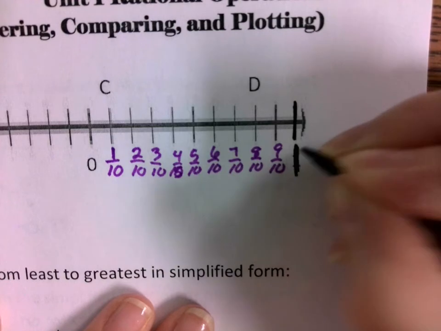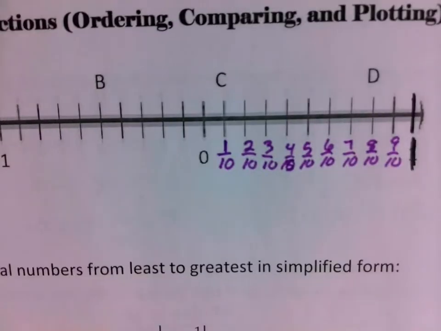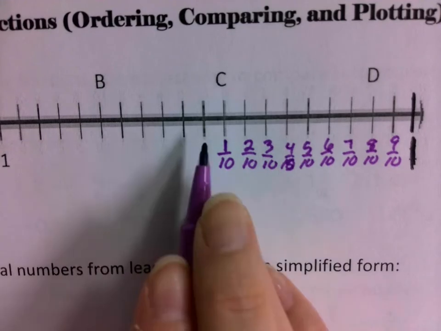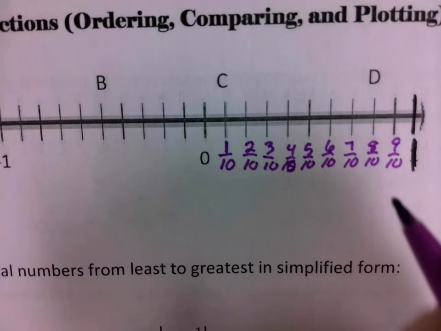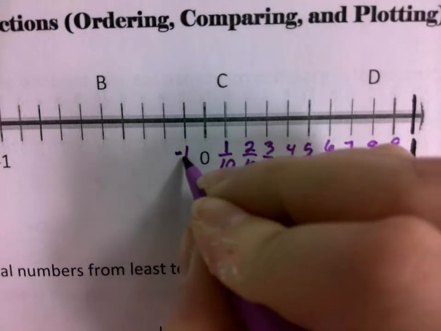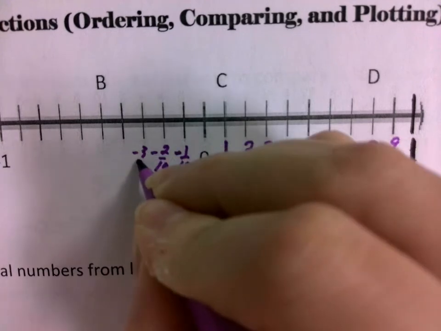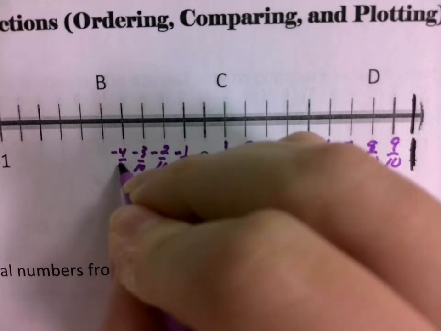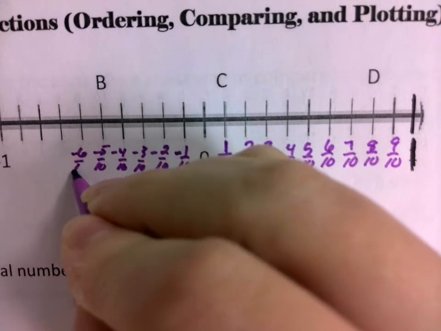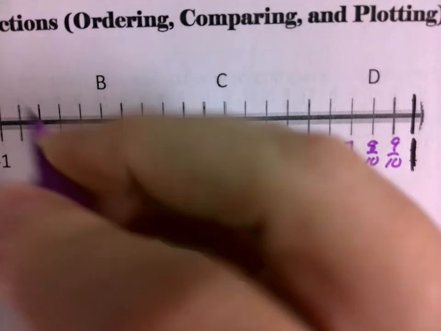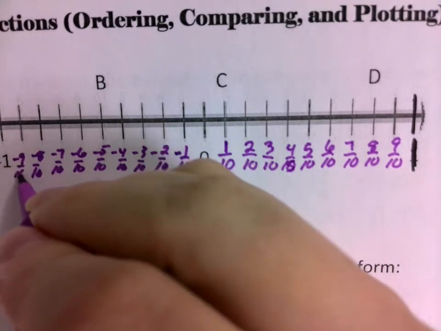Okay? Going behind it, working in the reverse, they're still 1/10 and 2/10 and 3/10, but they're negatives now. So we're going to have negative 1/10, negative 2/10, negative 3/10, negative 4/10, negative 5/10, negative 6/10, negative 7/10, negative 8/10, negative 9/10, and then again, one whole.